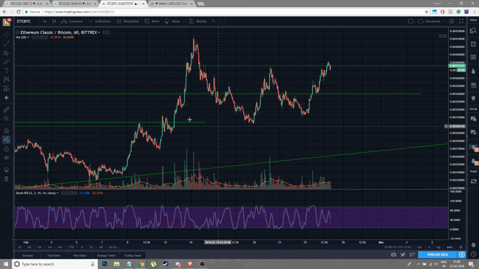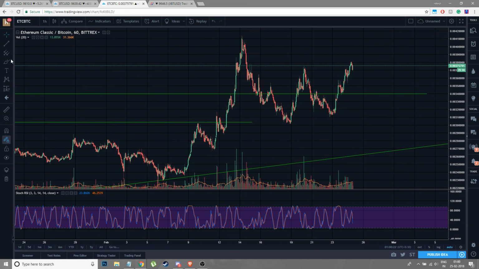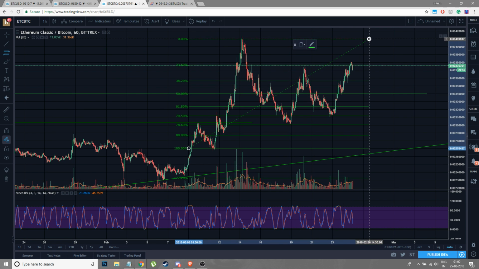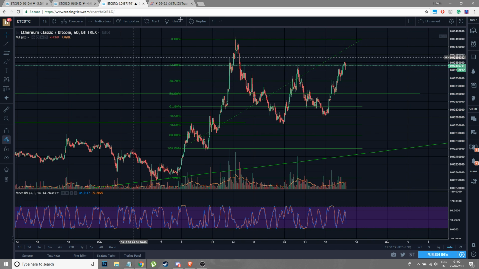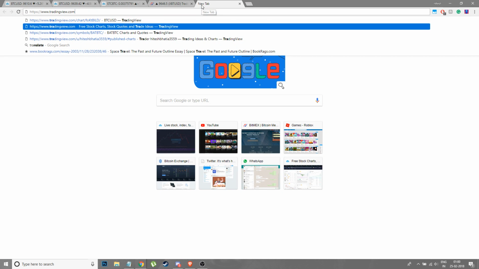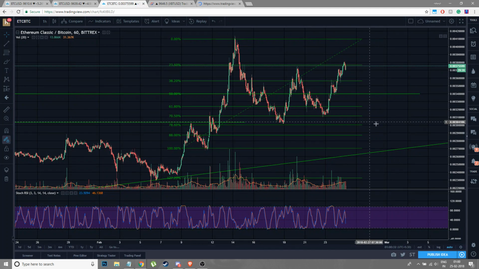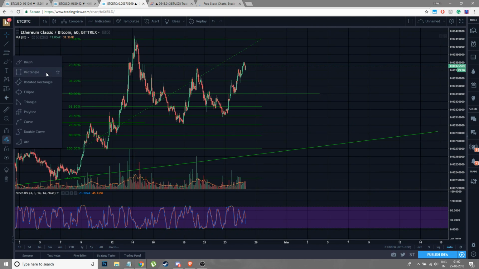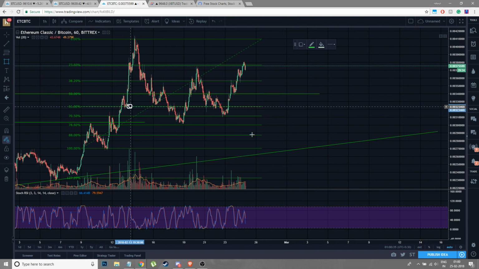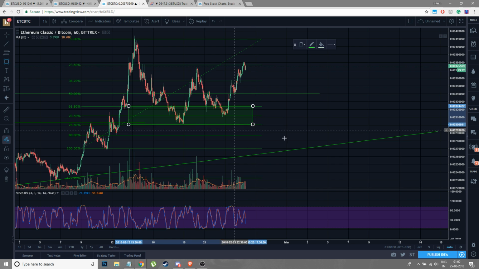Okay, so this up move, right? You had plenty of time to long this, and I called the long, which I'll show you right now. On 14th of February, I called this particular move, right? Long here, stop loss here, move to the upside.